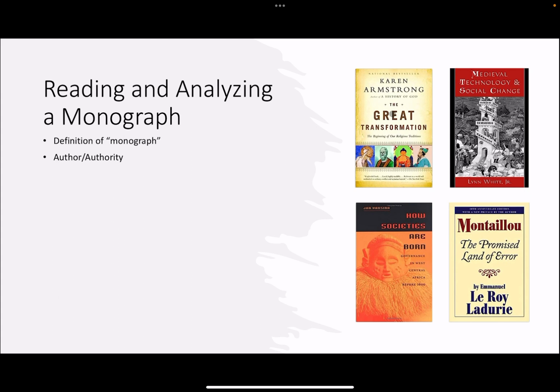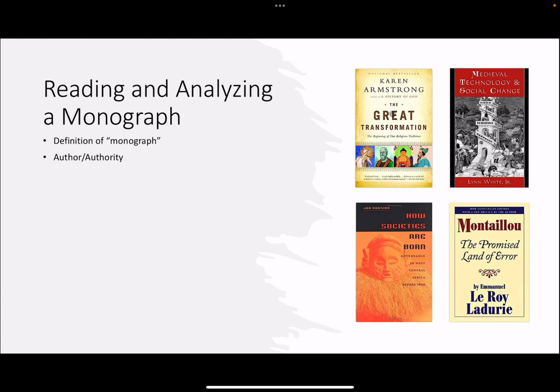And you might find that their qualifications are somewhat suspect. But chances are if they're writing a monograph, they have some background, some experience, some training, some education in the topic at hand, right? They have a PhD, or they have experience working with this. Maybe they've written other books on the same or similar topics.